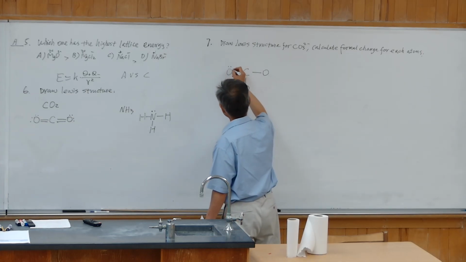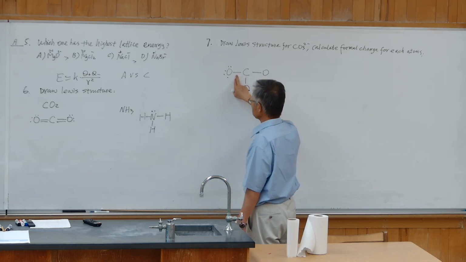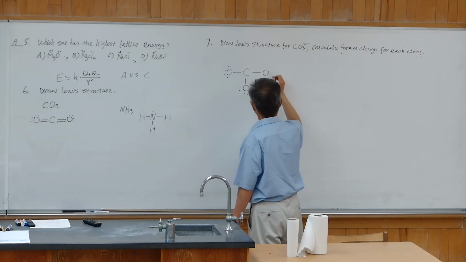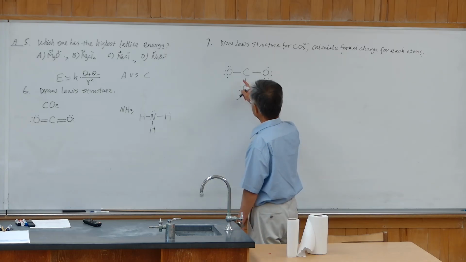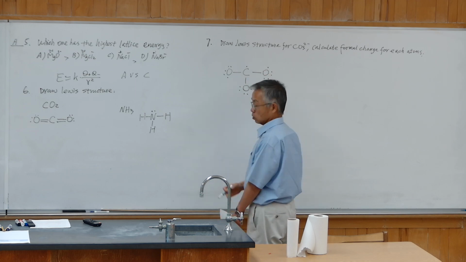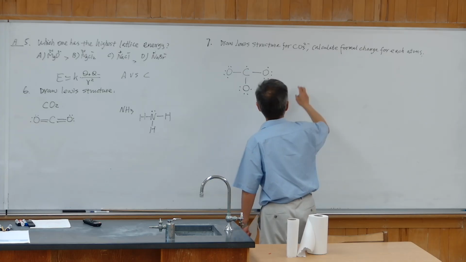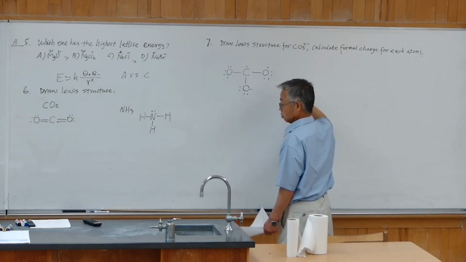Initially, oxygen has 6 valence electrons. To form a single bond, you need to use 1, so 5 are left over. Carbon initially has 4 valence electrons. Use 1 to form each single bond, then 3 are used up, only 1 left over. Right? And be careful, 2 negative means you have 2 extra electrons.